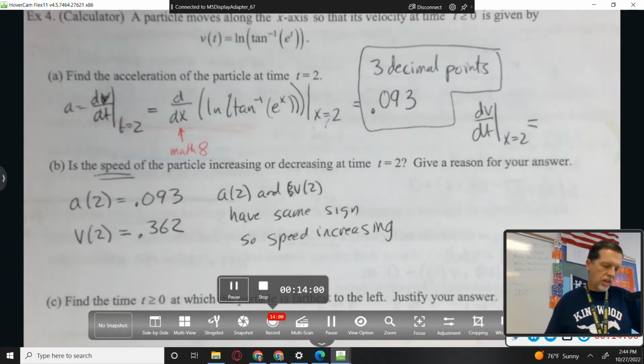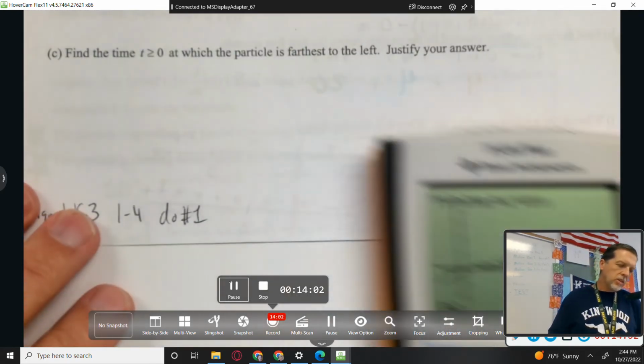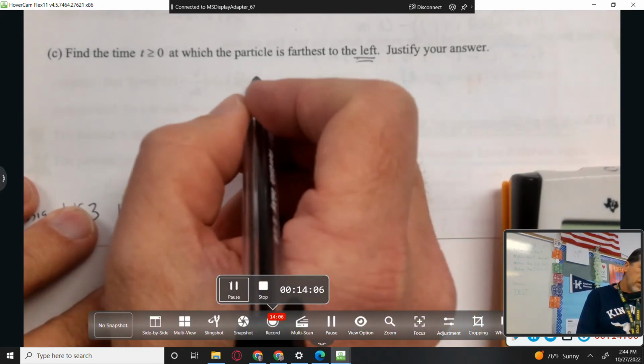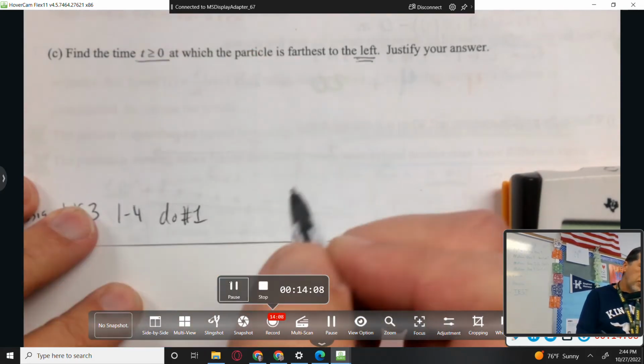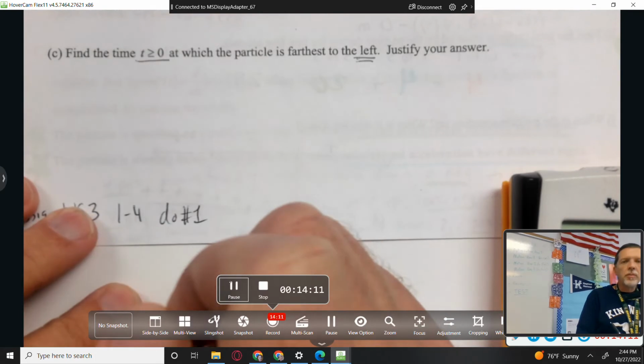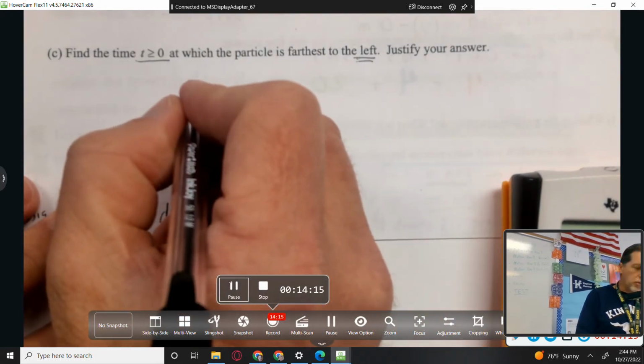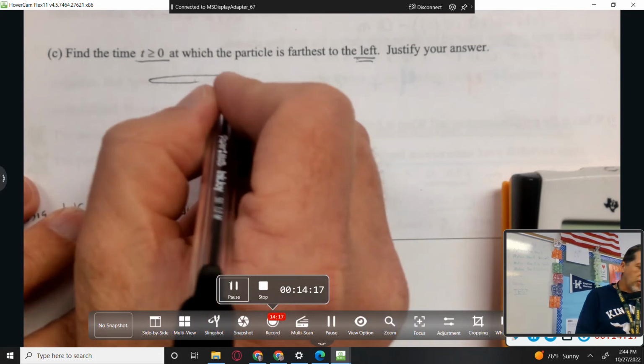Part C. Find the time at which the particle is farthest to the left. But time has to be negative. Time has to be positive. T greater than 0. So farthest to the left would mean it's moving left, and then it changes and starts moving right.